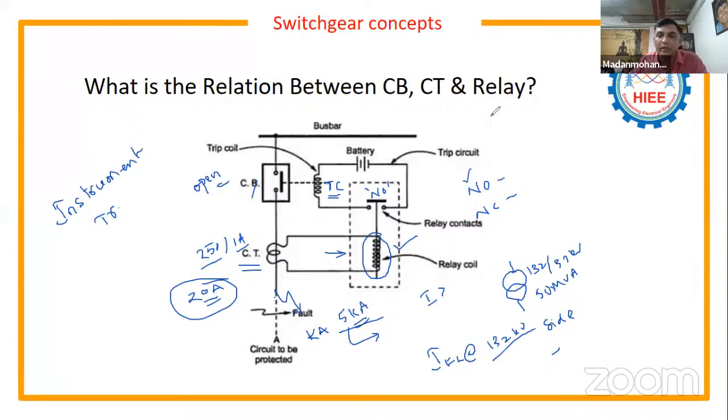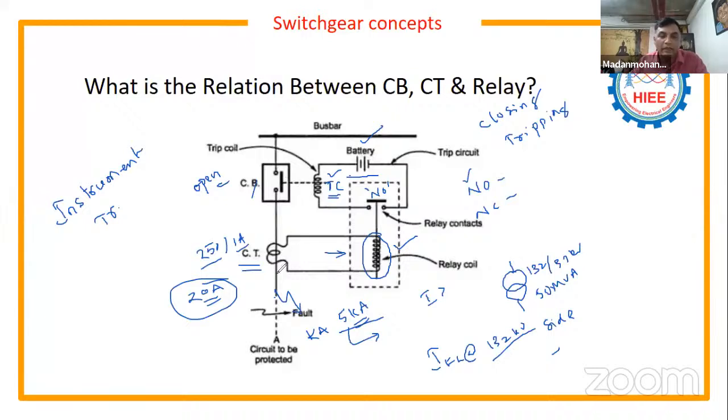In the circuit breaker, you have a closing coil and a tripping coil. To energize the tripping coil, it is connected with a battery. So the battery will give the DC supply.